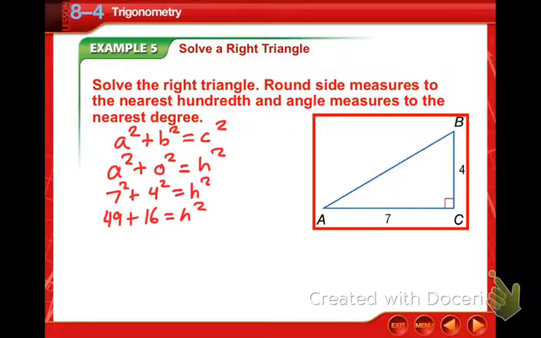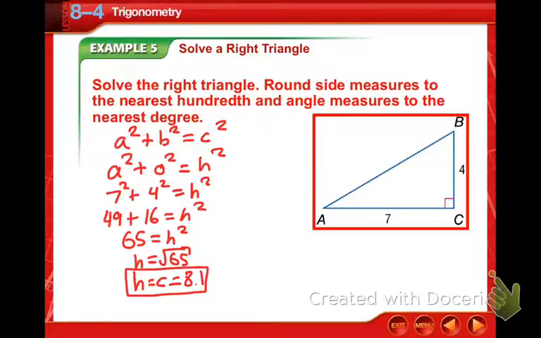We add those together, we get 65 equal to h squared. If we square root both sides, h is equal to the square root of 65. That's our h, or the c in this case, which is 8.1. No units required. So there's our first thing. We now have this other side that's 8.1.